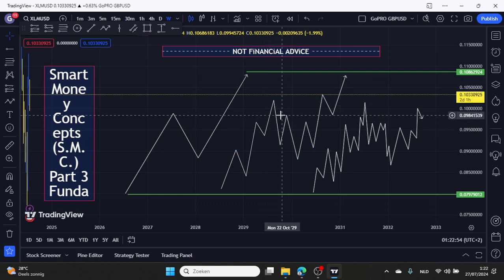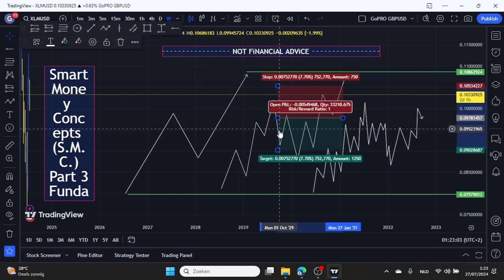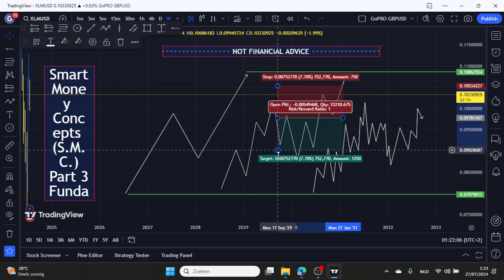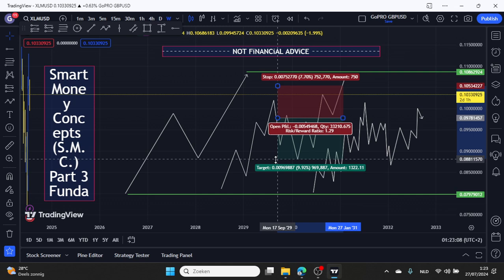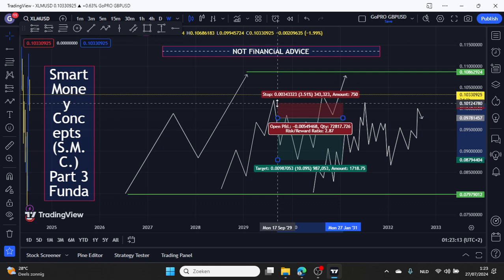And here we get a scalping opportunity to go short. So we could have gone short here for a small scalp, and you see we can easily get a 1 to 3 out of the market here.